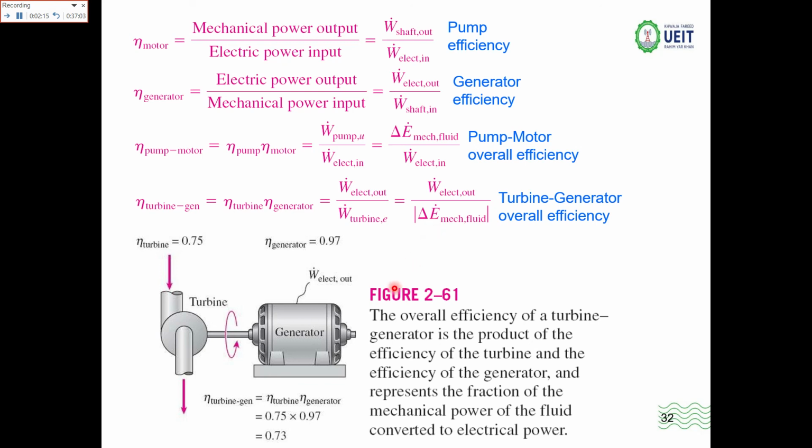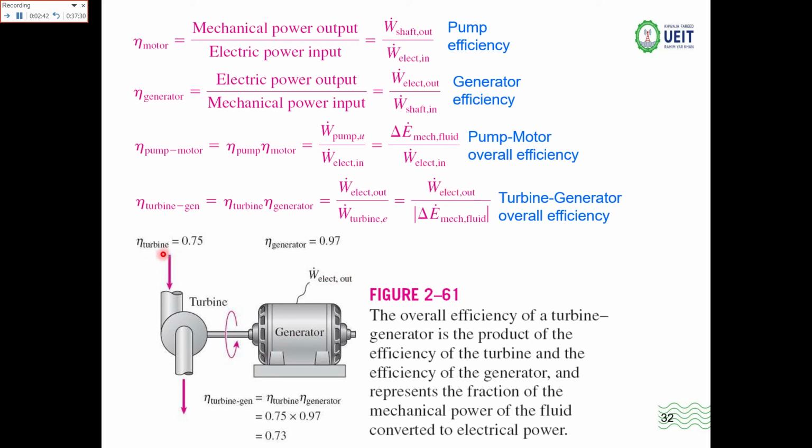Here this is the generator and this is the turbine. The fluid comes in, the fluid comes out, that is the input, delta E mechanical fluid. After that the shaft starts rotating and the electricity is generated. So the W electric is the output. Here you can have the overall efficiency.